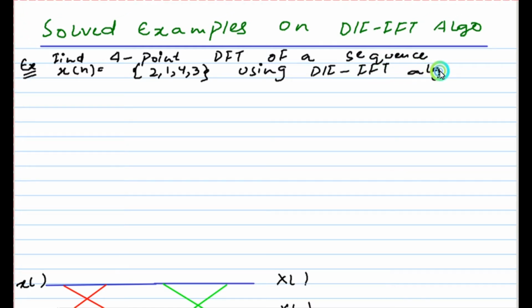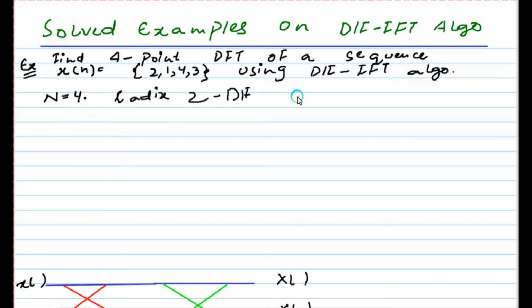So if we look at this example, the capital N is 4 here, so we will be using the radix 2 DIF algorithm. Capital N is 4, we will be using radix 2, so it means the smallest decimation will be 2-point.